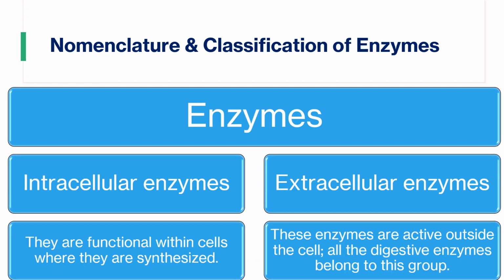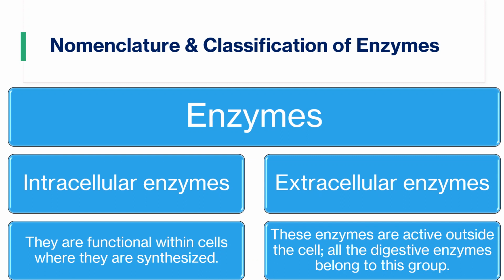We have seen in the previous video that enzymes are also classified on the basis of their location. We have intracellular enzymes and extracellular enzymes. Intracellular enzymes are synthesized and function inside the cell, inside the plasma membrane, at the location where they are synthesized.